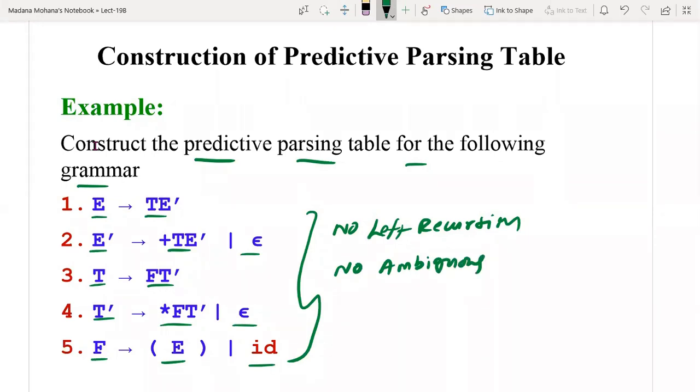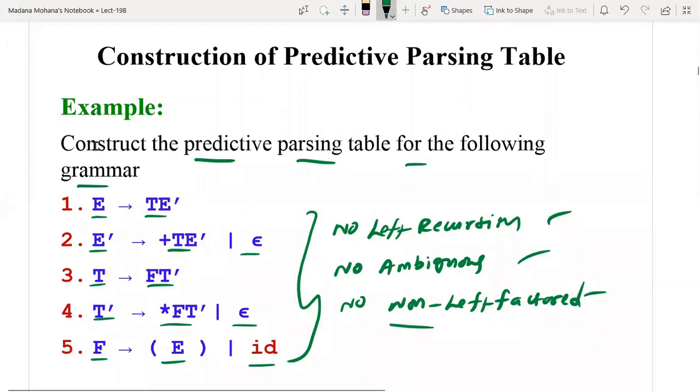Then it is not a non-left-factored grammar; left factored means two or more alternatives having the same common prefix. So the grammar satisfies these three conditions, and directly you can proceed to construct the predictive parsing table.